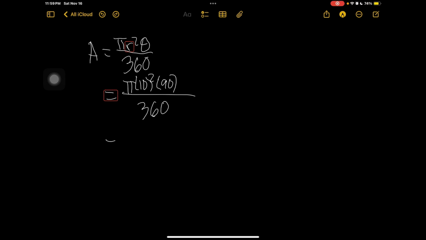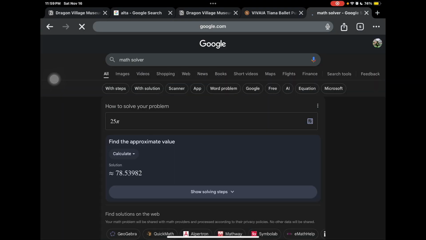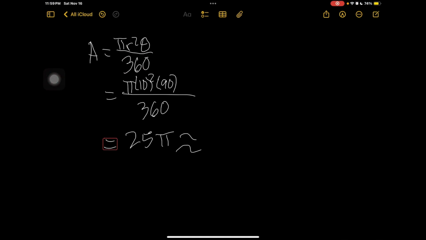So 25 pi. So 25 pi is equal to 78.5. So this is our area.